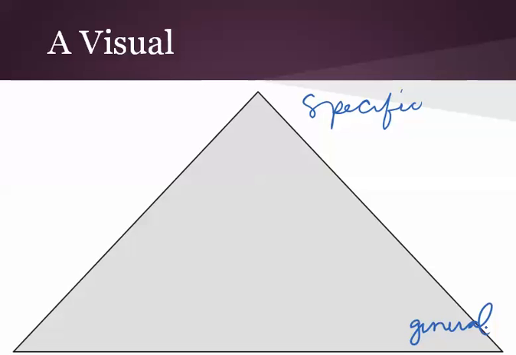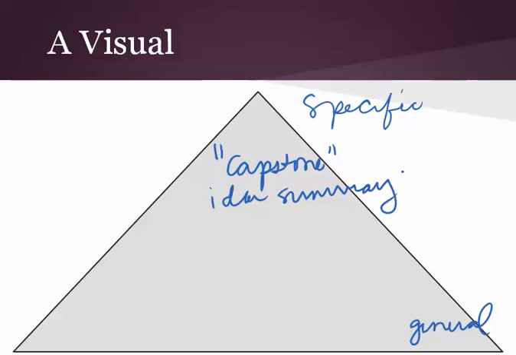Okay, so what does this look like for a conclusion versus an intro? Well, what I have taken to calling this first part is a capstone idea summary. And what I mean by this is instead of saying this is where you restate your thesis, because it's not, what you do instead is you reintroduce the idea that you've been looking at throughout your whole paper in this section here.